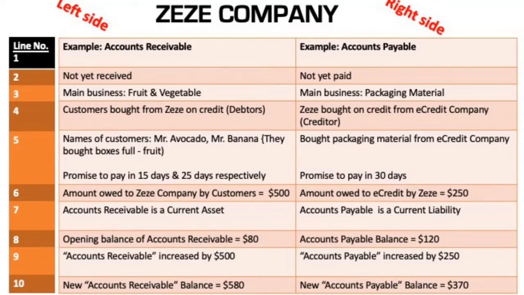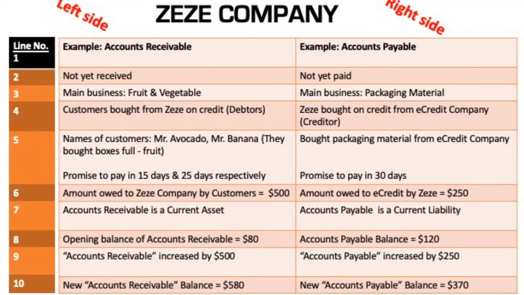But Zeze company, the whole 580 US dollars, Zeze company has not yet received this money. Not at all. Not today. But Zeze company has got the promise that Mr. Avocado and Mr. Banana will pay. They will honor their obligation and pay.